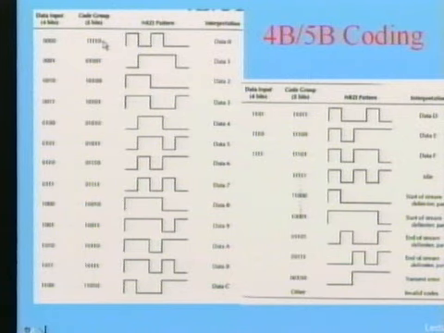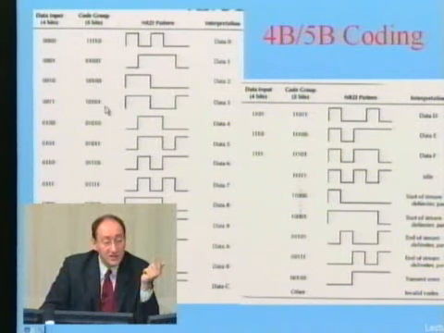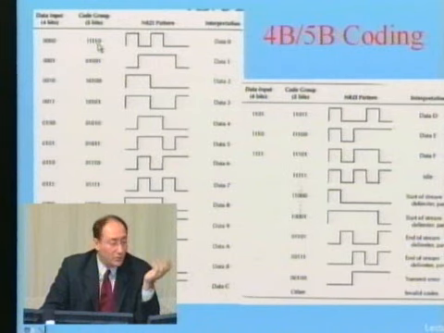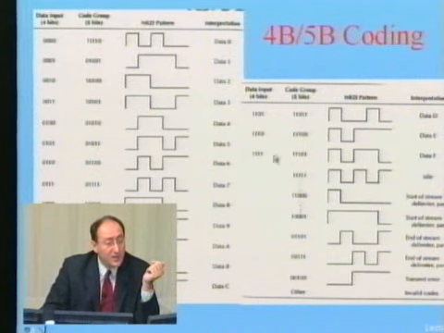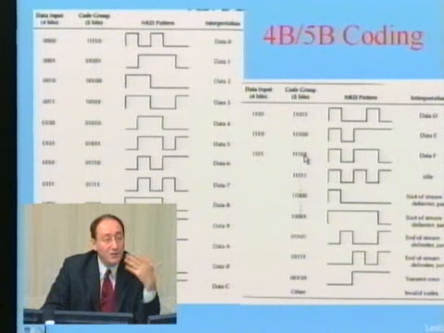You need to have 2 ones, because 2 ones guarantee 2 transitions. So this is what I have. 2 in here, 2 in here, this here 3, this is 4, no problem. But the minimum number of ones that I have in all my codes, these are my entire codes, the minimum number of ones is 2.